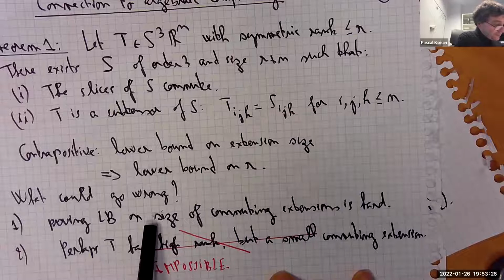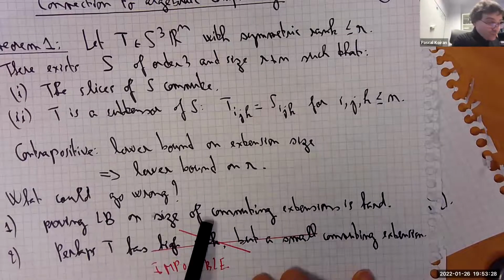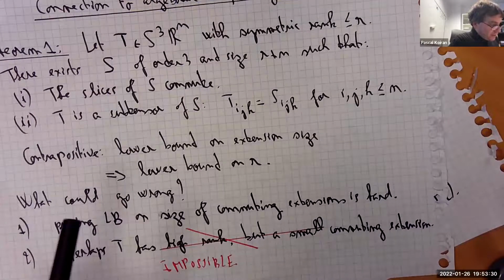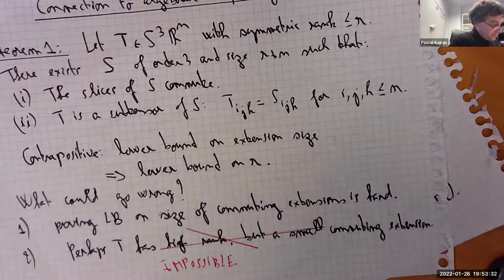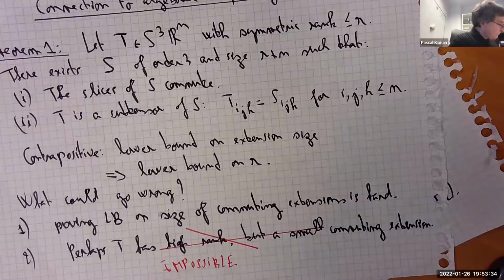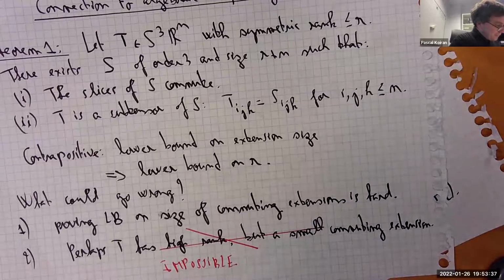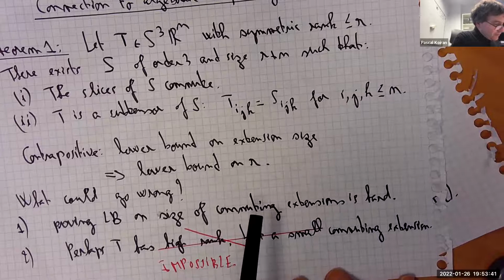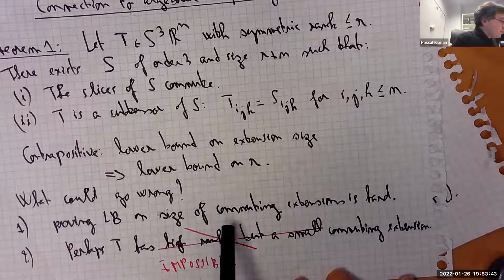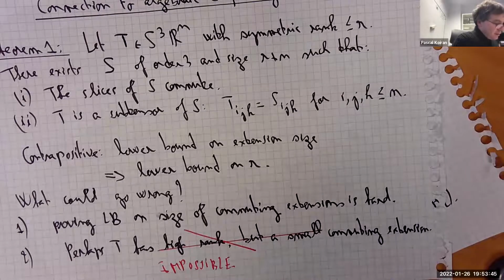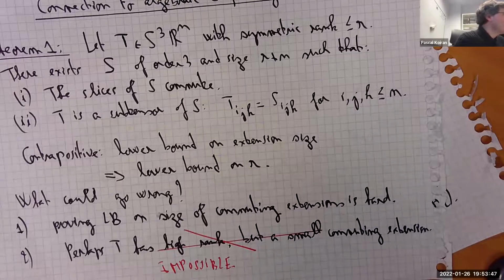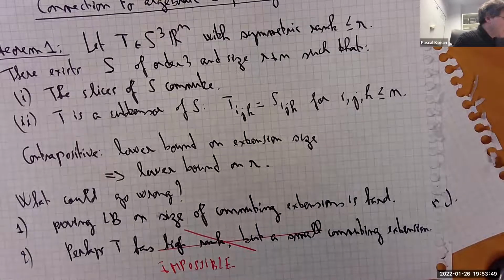Proving lower bound on the size of commuting extensions is hard. So the only lower bound that one can get from this method so far is this old Strassen result. But hopefully we will get new lower bounds if we can overcome that problem here.